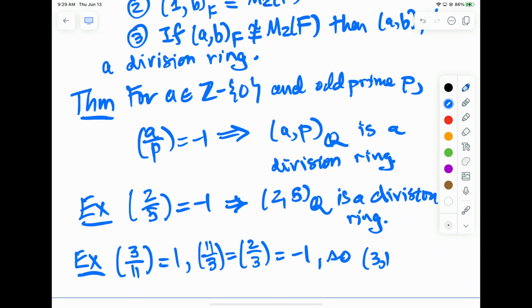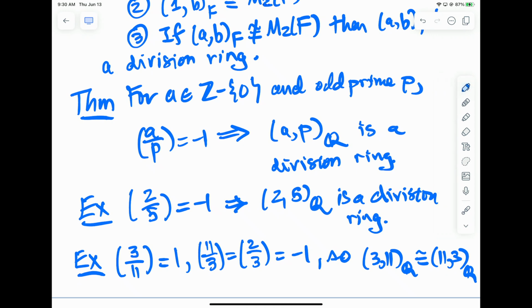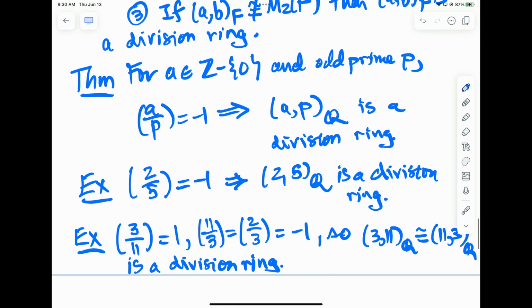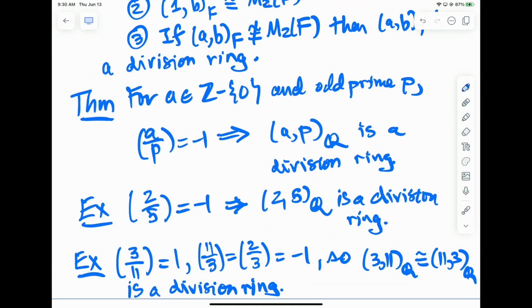So this construction with 3 and 11, the quaternion algebra, I already pointed out, if you switch the roles of A and B, it's an isomorphic ring, and so you're going to get a division ring by taking A to be 11 and B to be 3, not A to be 3 and B to be 11, just to be able to detect, oh yeah, it's a division ring by that theorem.